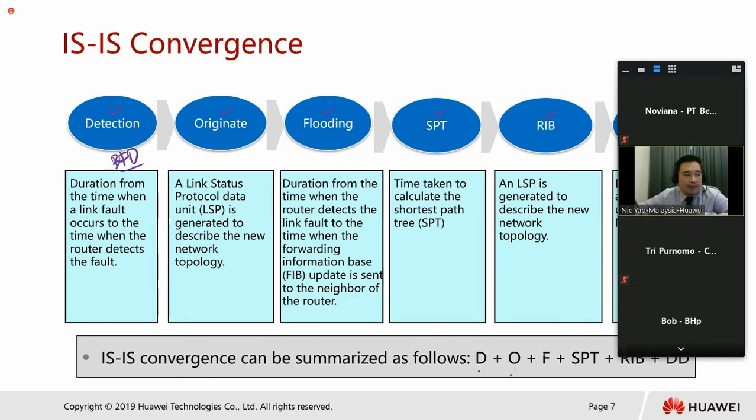Flooding is from the time the router detects the link fault to the time the forwarding information base update is sent to the neighbor routers.